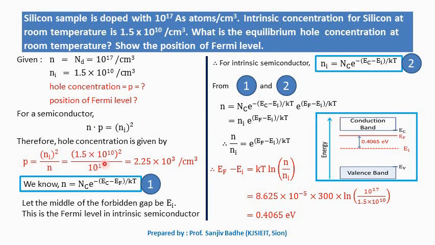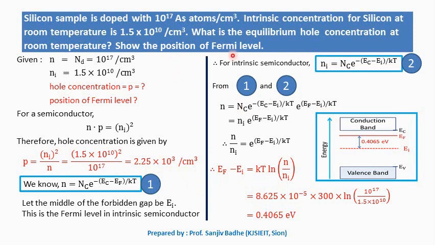So we can calculate the hole concentration by using the calculator, and that is obtained as 2.25 into 10 raised to 3 per centimeter cube. So the first part we have solved. We got the hole concentration as 2.25 into 10 raised to 3 per centimeter cube.